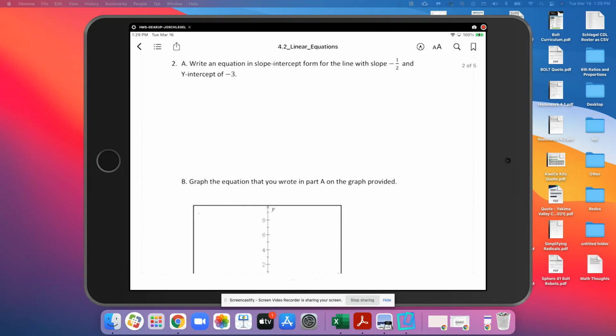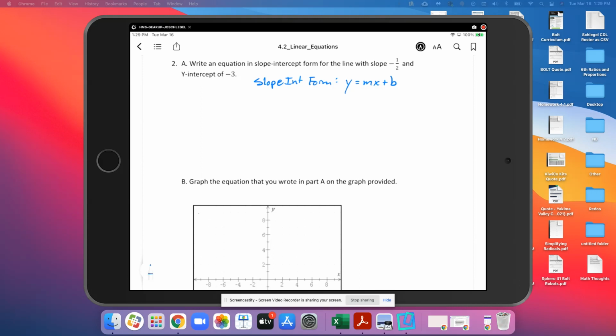We have an equation whose slope is negative 1/2 and y-intercept is negative 3. So this is going to be really easy for us, folks, because we know that we can use slope-intercept form. Because we are given a slope and a y-intercept, so that's y equals mx plus b.